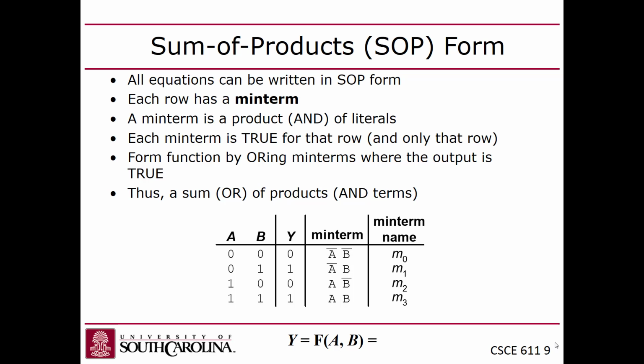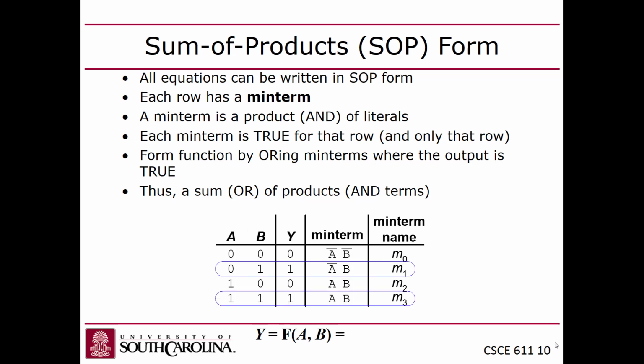The minterms are a combination of all of the input literals that correspond to that minterm. So if there's a 0, that would be the negated form of the input, and 1 would be the normal form of the input. In this case, this is the first minterm, reading from the top down, and this would be not A and B, and this would be A and B because they're both 1, right?